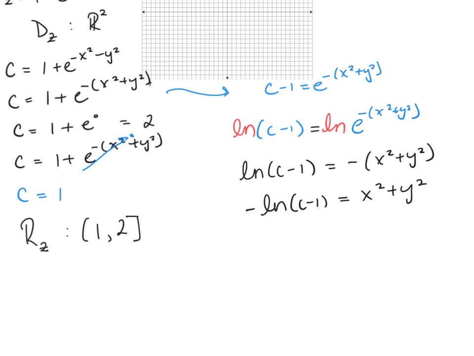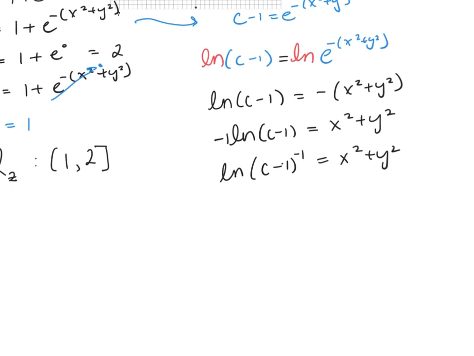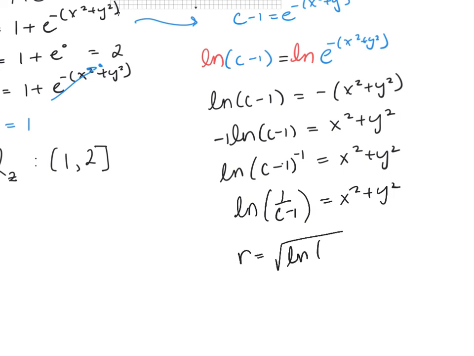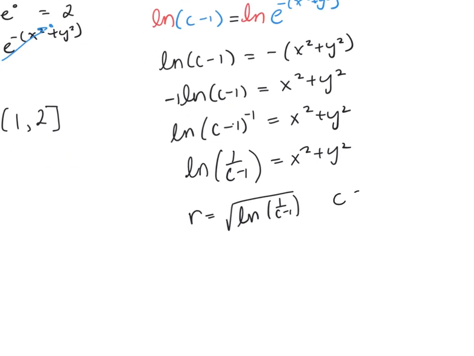And now I'm going to use my laws of logs and bring that negative 1 as an exponent: the natural log of c minus 1 raised to the negative 1 is equal to x squared plus y squared. And so I end up with the natural log of 1 over c minus 1 is equal to x squared plus y squared. And this looks like a circle equation again, which it certainly is, where my radius is going to be the square root of the natural log of 1 over c minus 1, where my c can only be from 1 to 2.